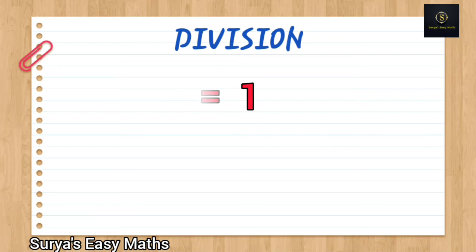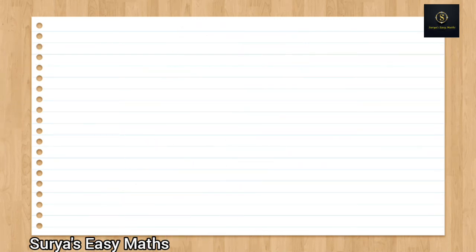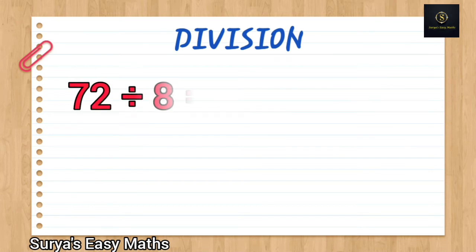Now let's see one more example. 72 divided by 8. So children, what do we have to do here? Can you tell me? Yes, here we have to think of the table of 8.